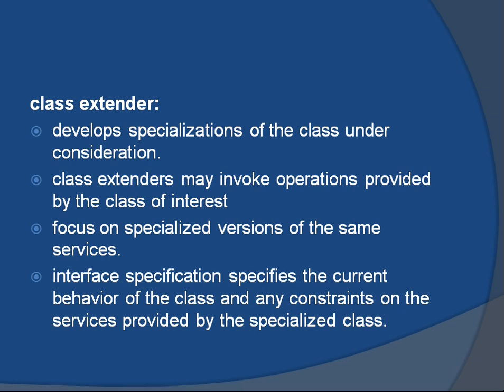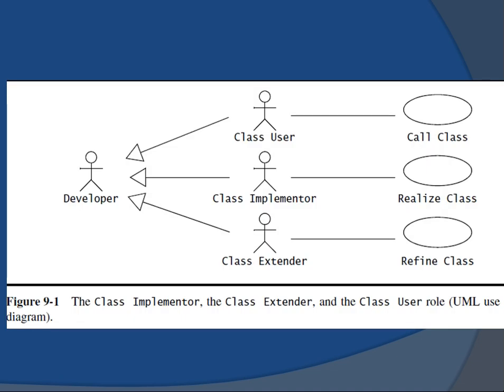So class extender will develop specialization for that class and may invoke operations provided by the class of interest. It also focuses on a specialized version of the same service. Interface specification specifies the current behavior of the class and any constraint on the services provided by the specialized class.